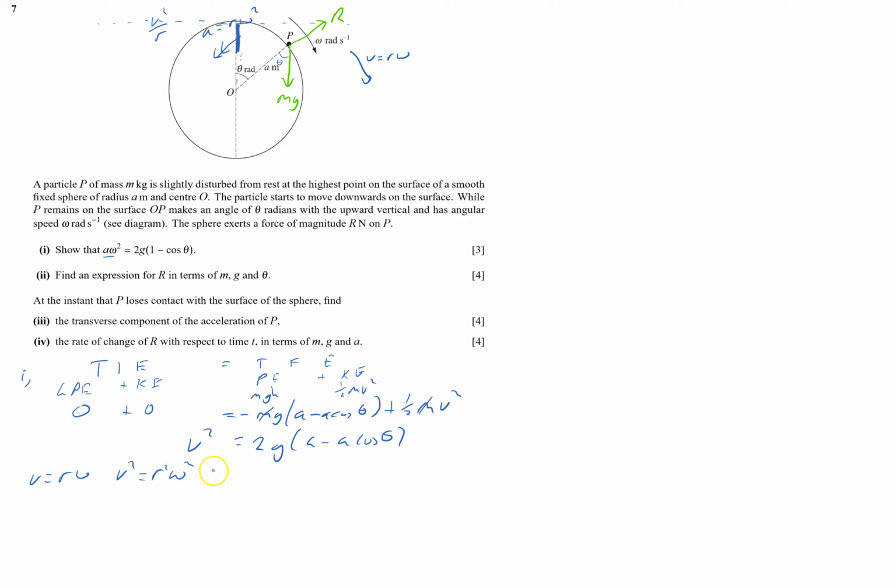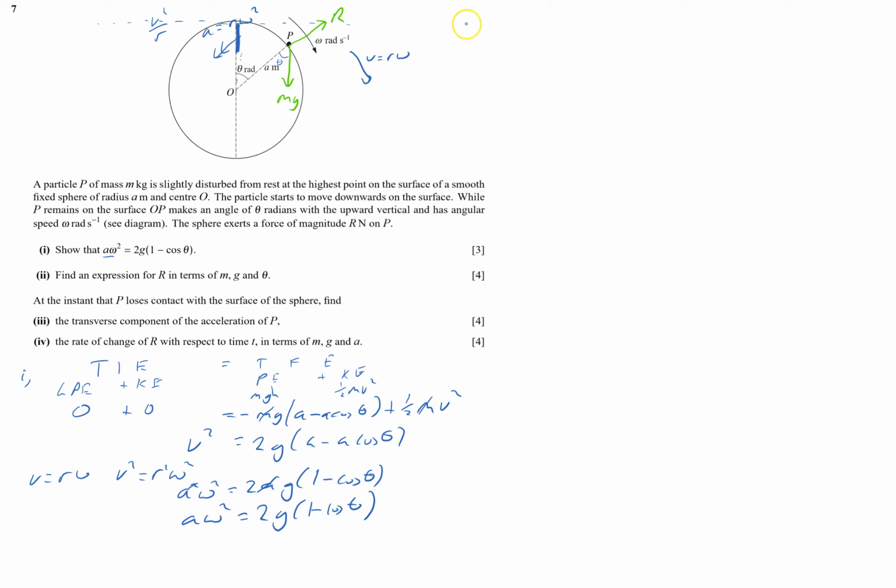So I can put that in there. And what's r? R is the radius, so it's a. So that gives me a squared omega squared equals 2a g(1 minus cos theta), and one of those a's will cancel out with that one there to get a omega squared equals 2g(1 minus cos theta), which is what I wanted.